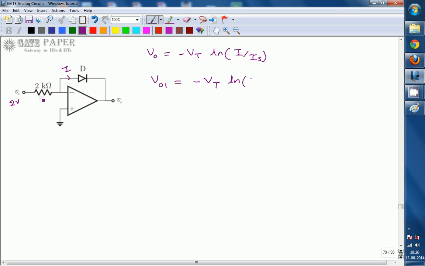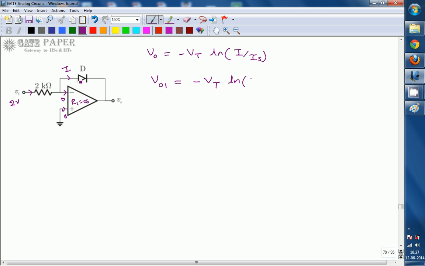The current flowing through the diode is the same as the current flowing through the 2 kilo ohms, because there is no current flowing into the input terminals of the op amp. The op amp has infinite input impedance, so the currents flowing into the inverting and non-inverting terminals are zero. The current coming from Vi has to go through this diode.